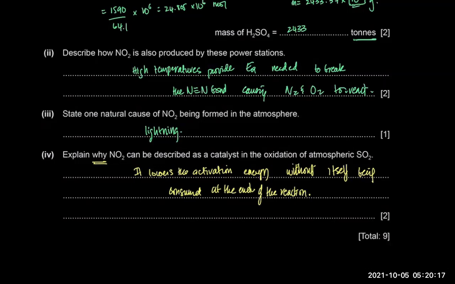And you can obviously write down the equations if you remember. SO2 reacts with NO2 to form SO3 plus NO, and then NO reacts with oxygen to form NO2. Guys, just to be clear on this, nitrogen monoxide can also catalyze the formation of sulfur trioxide.